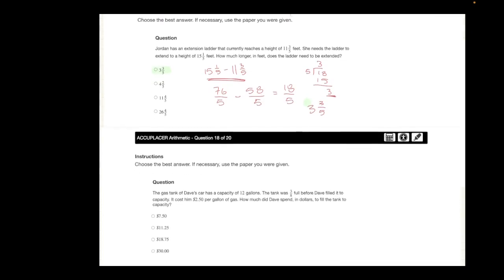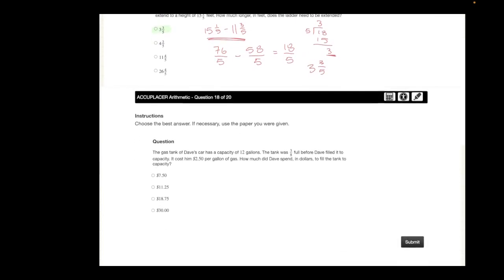Moving on. The gas tank of Dave's car has a capacity of 12 gallons. The tank was 3/8 full before Dave filled its capacity. It cost him $2.50 per gallon of gas. How much did Dave spend in dollars to fill the tank to its capacity? Wow, Dave is living in the time when gas prices were not crazy insane, so lucky him.